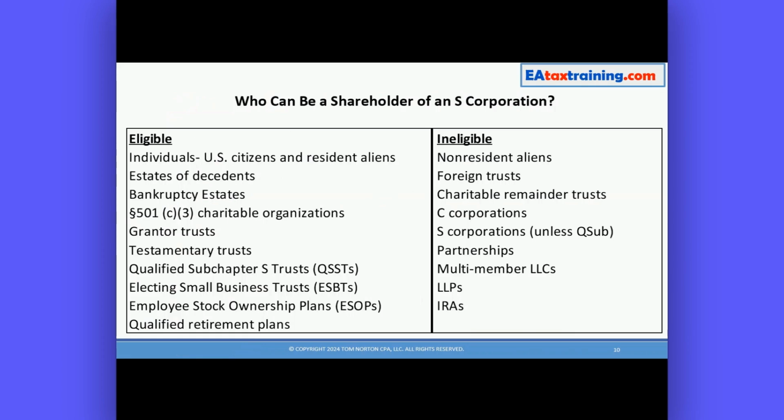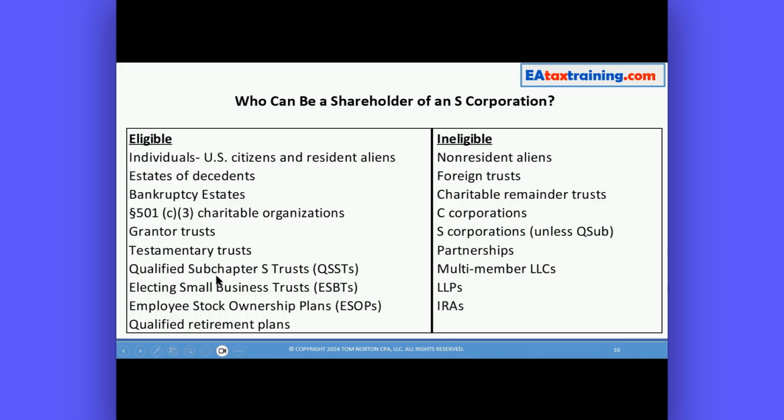Here's a chart of who can be and who cannot be an S corporation shareholder. So here's who's eligible. Individuals, again, as long as they are U.S. citizens or resident aliens. Estates of decedents can be shareholders. Bankruptcy estates, 501(c)(3) charitable organizations, grantor trusts and testamentary trusts can be shareholders of an S corporation.